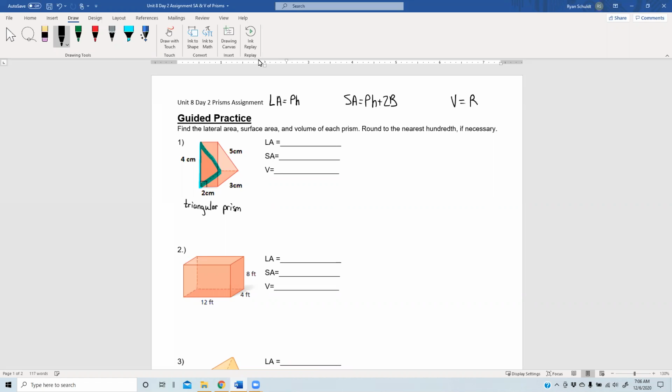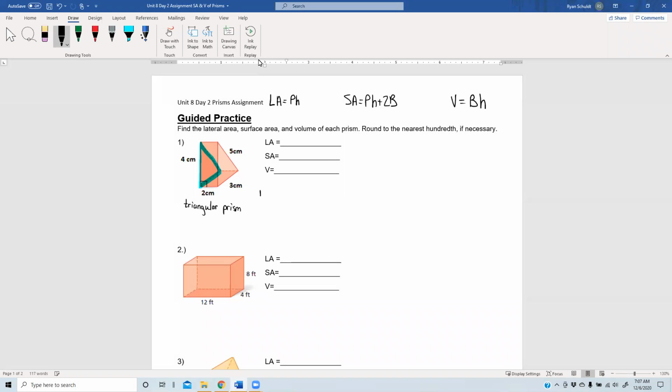Volume is big B times H. Those are the only three formulas we'll really need to find the things for our 3D figures, our prisms. But we've got to figure out what the perimeter of the base is.